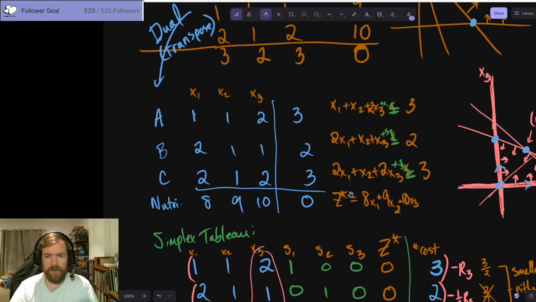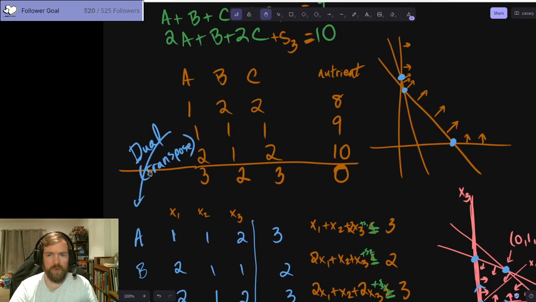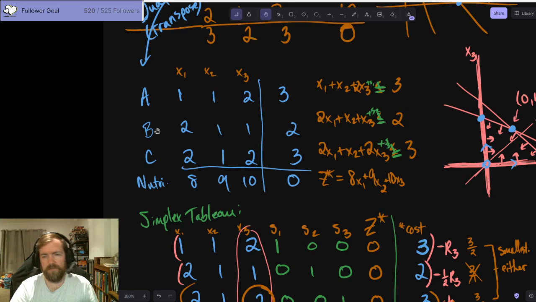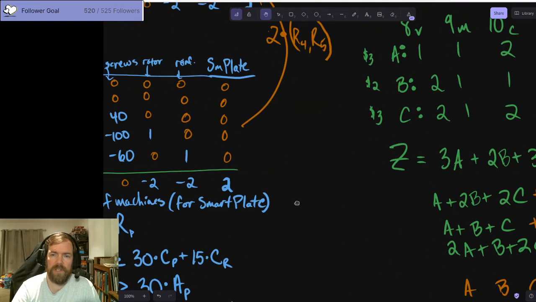So there's this weird thing where you create the dual of the original system, which is called the dual, but it's using the transpose of the essentially matrix that you've created, and then adding in the slack variables and stuff like that. So it was a bit different.